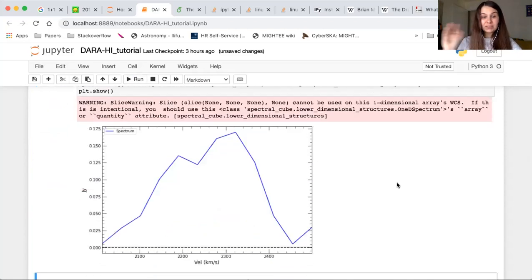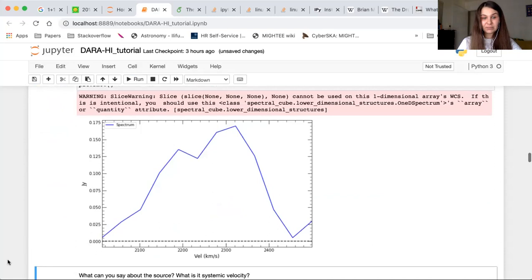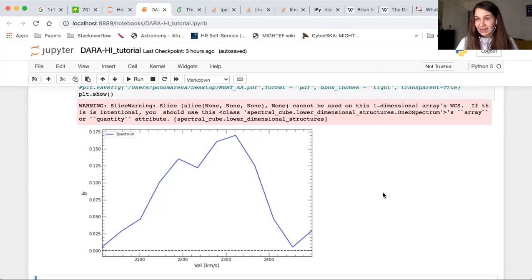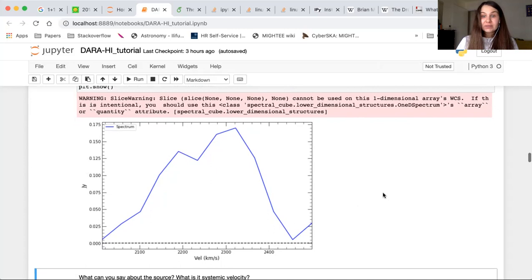So we look at this and we see something like this. We see that indeed in every channel the values are positive. However, it doesn't look very nice. It's very patchy. It's not very symmetric. So it doesn't look like a nice global HI profile of the source. And why is that?